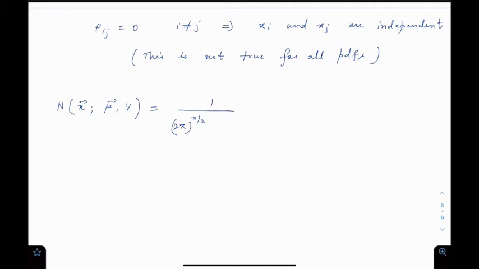So the root 2 pi factor appears for each of the exponentials, each of the Gaussians. And additionally, we get the determinant of V, which basically comes out as a product of the eigenvalues.